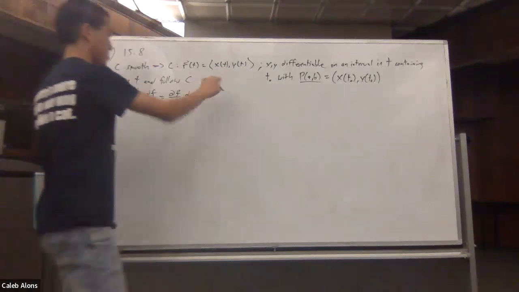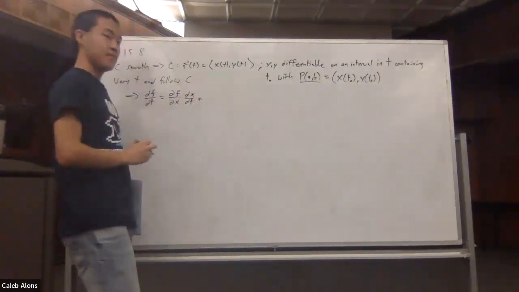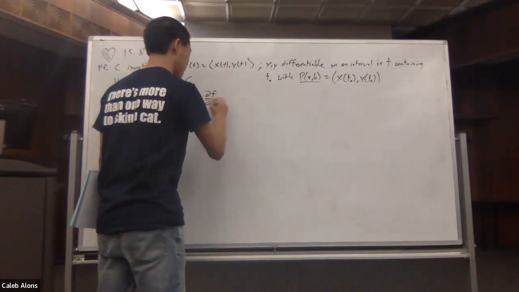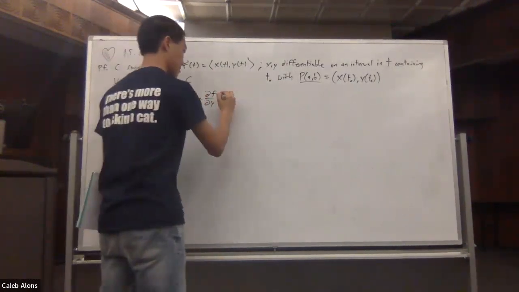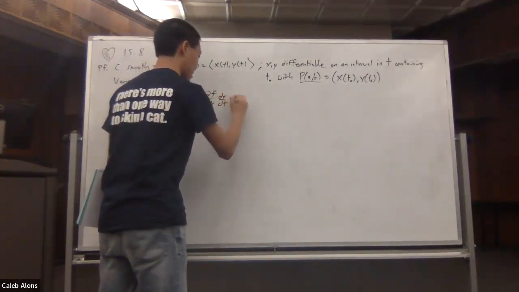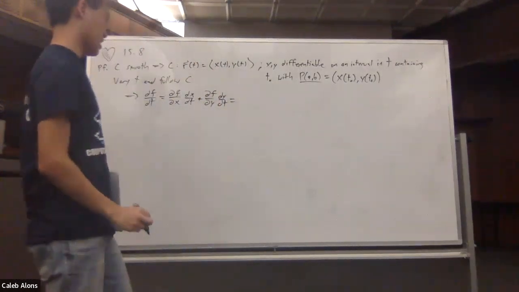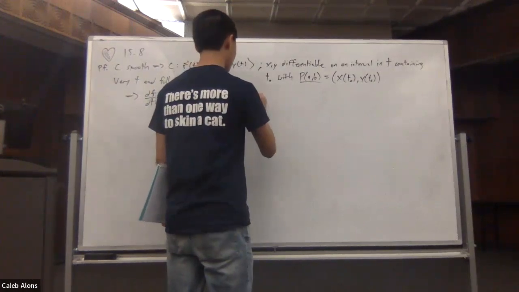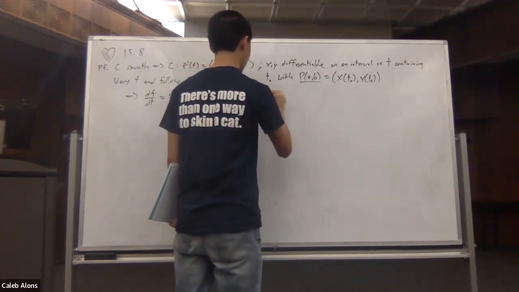And then what's the next component? Partial f over partial y, times dy dt. And then, as any good math textbook would say, it is obvious that this is equal to the gradient of f dot product with r prime of t.